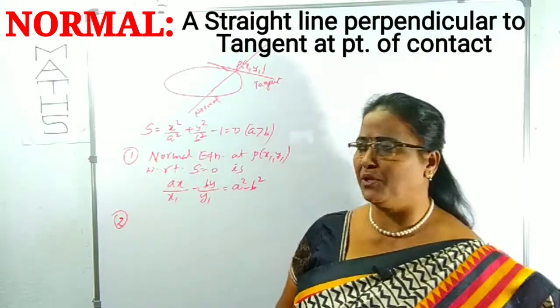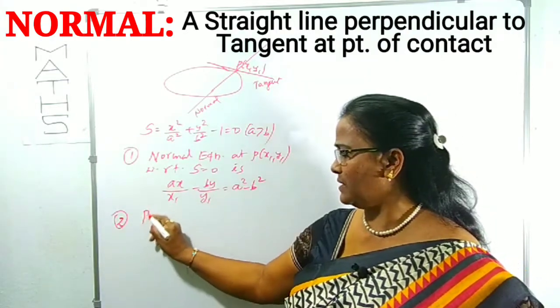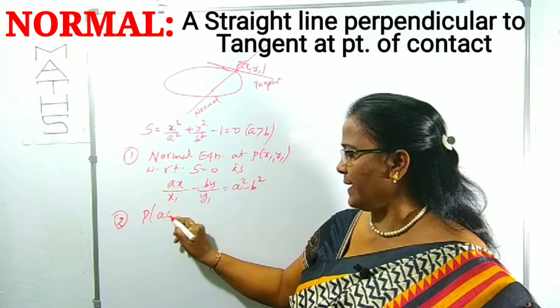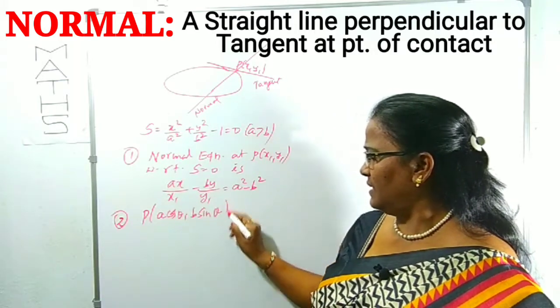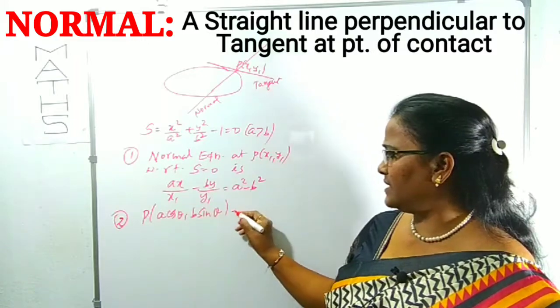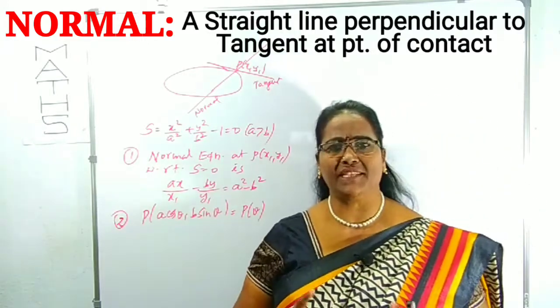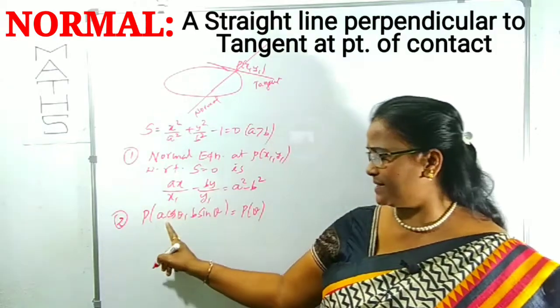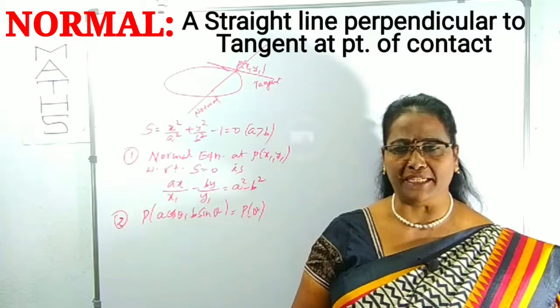Not only at one point, he may ask the equation of normal at a parametric point also. What is the parametric point with respect to the ellipse? That is some P(a cos theta, b sin theta), also denoted as the point theta, where theta is the parameter.